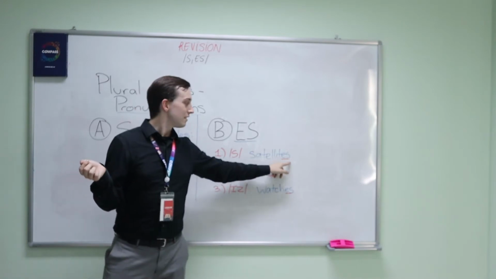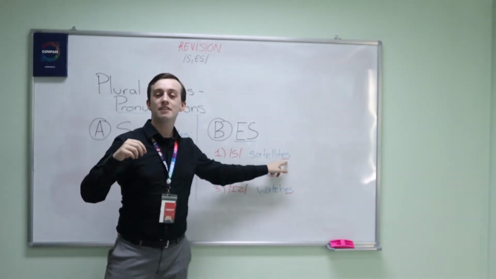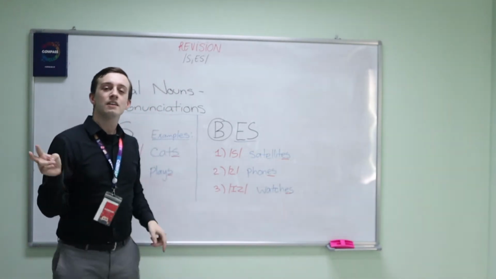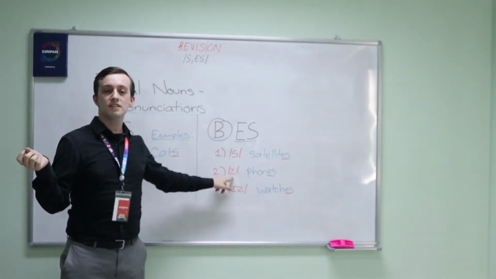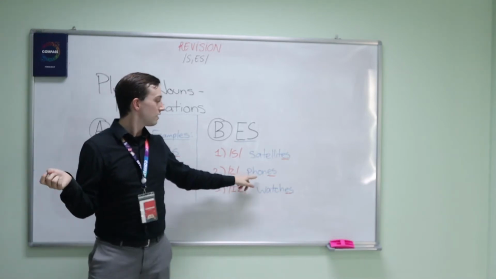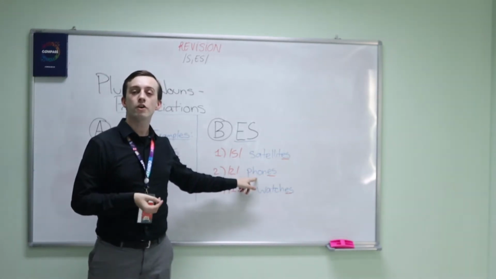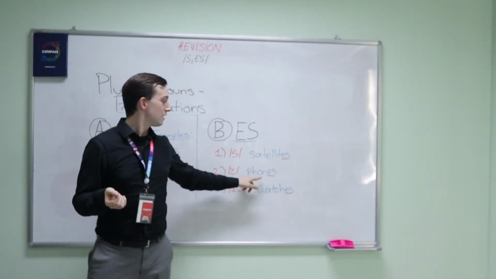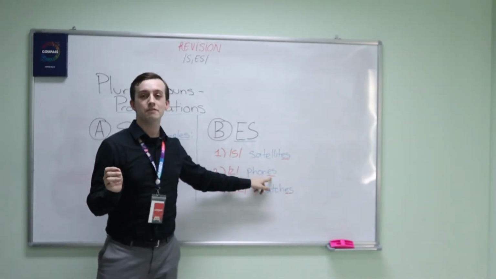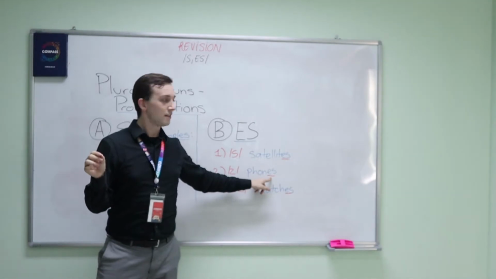Satellites. ES makes the sound S. Number 2 is the sound Z. For example, the word phones. Phones. ES makes the sound Z.